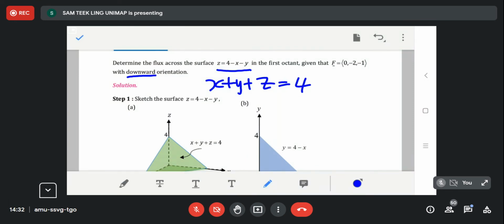They can give you z equal 4 minus x minus y, or x plus y plus z equal a constant. If you see this, all your x, y, z variables are order 1 only. That one is a tetrahedron. So from the question you directly know the surface.